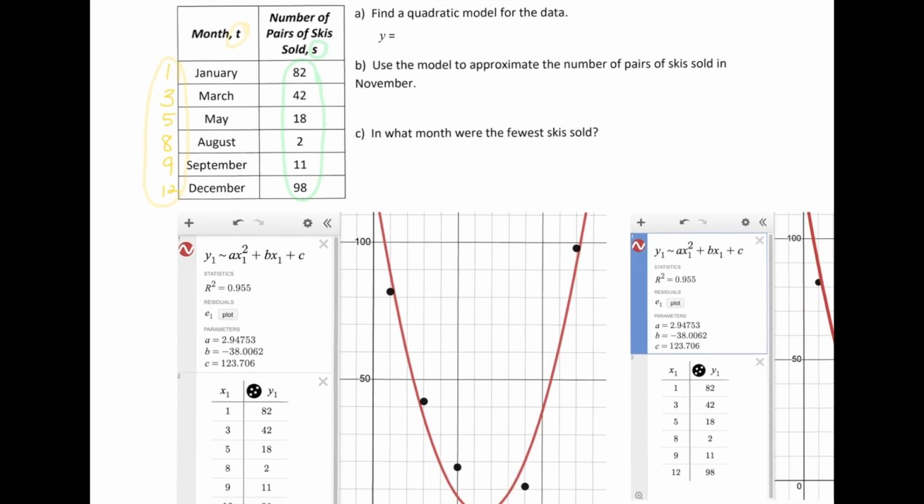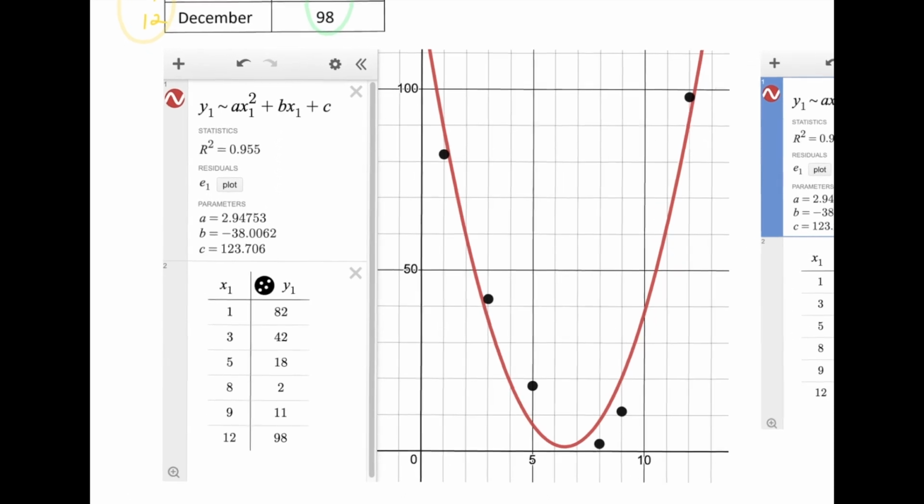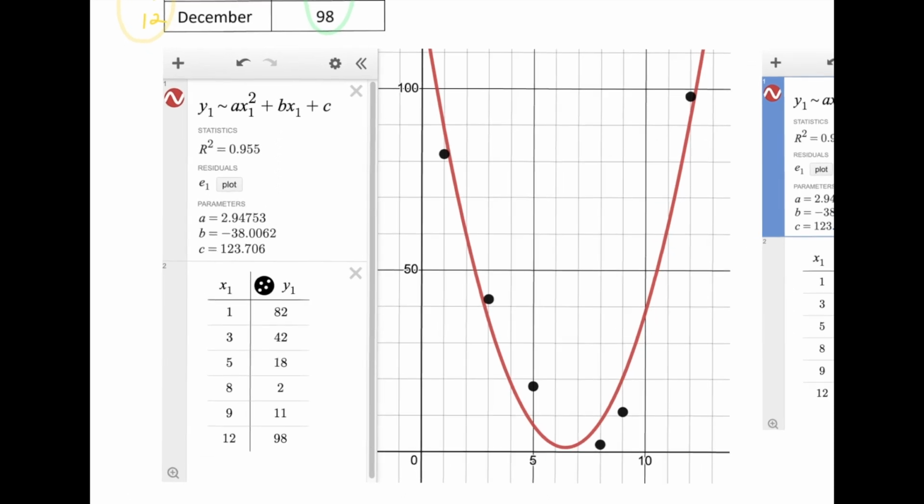So when I type all that into Desmos, I get this graph here. These are those values, and this is my A, B, and C that I want to use to write my equation.